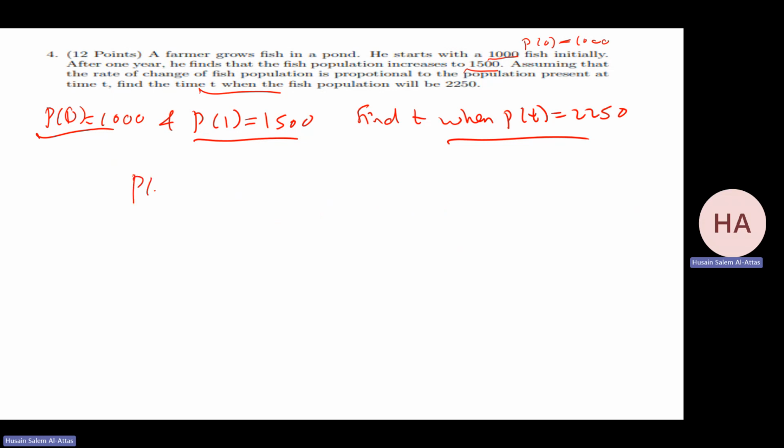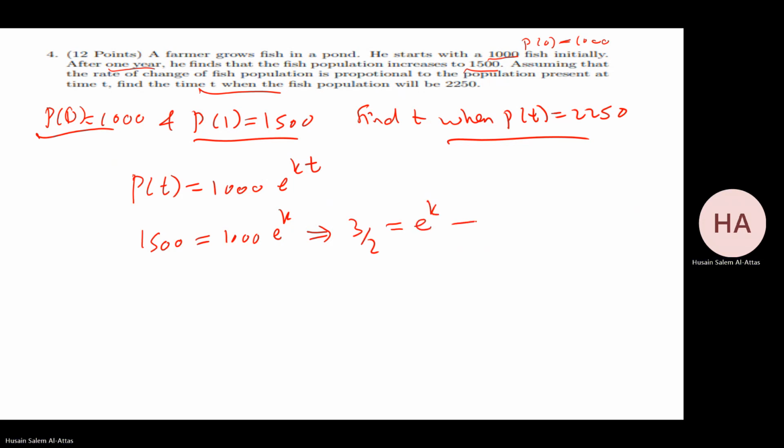Calculation is, so P of T is 1,000 e^(KT). He said after 1 year, so P at 1. So I have 1,500 equal 1,000 e^K. So I have 3 over 2, 15 over 10, which is 3 over 2, equal e^K.